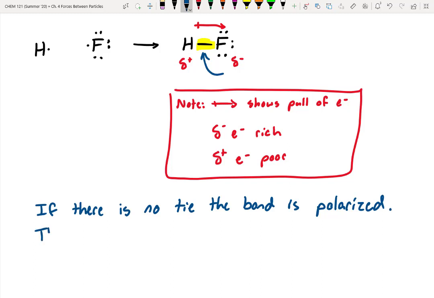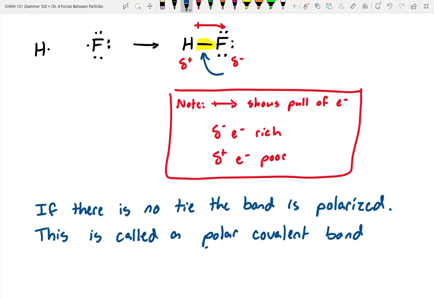This is called a polar covalent bond. Okay, so pretty straightforward. If there's a tie, it's called nonpolar covalent bonds, and if there isn't a tie, it's called polar covalent bonds.